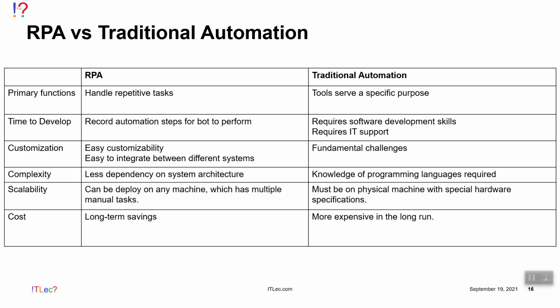Scalability: RPA can be deployed on any machine which has multiple manual tasks, while traditional automation must be on a physical machine with special hardware specifications. Usually, traditional automation needs specific hardware with specific security rules. In cost, RPA gives long-term savings, but traditional automation is more expensive in the long term.